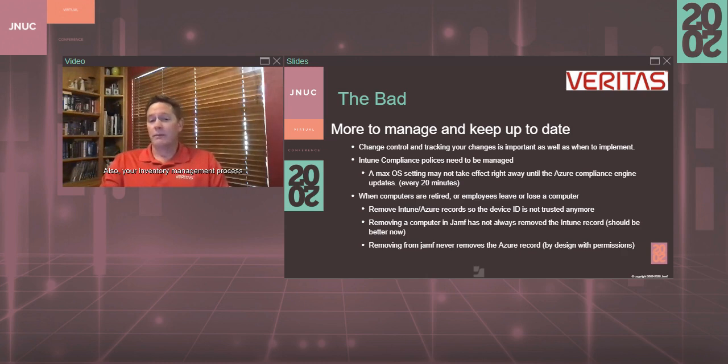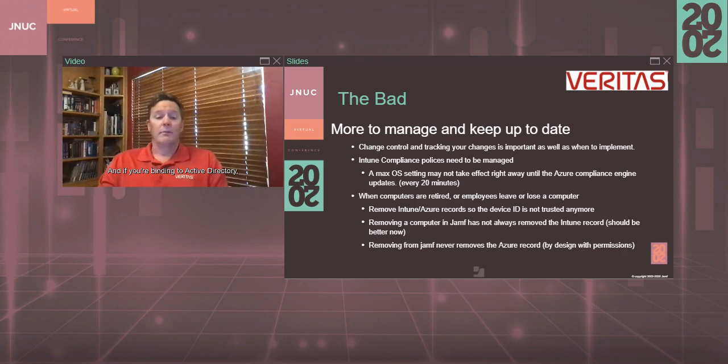Also, your inventory management process probably needs to start including checking the Azure records for a user and deleting old devices. You should also make sure that all the Intune records, or the Microsoft Endpoint Management records, are cleaned up for a device when you've deleted it out of Jamf. If you just move something into unmanaged on Jamf, you still might want to go into Intune and Azure to get those devices out of there.